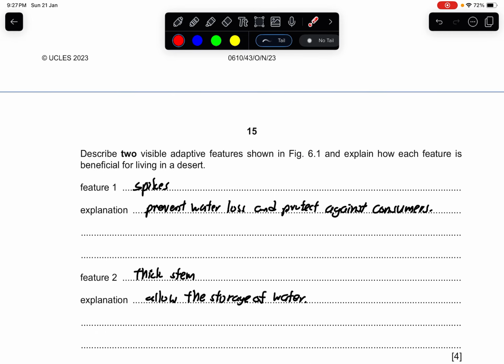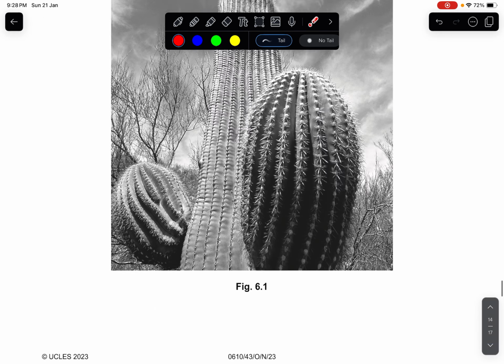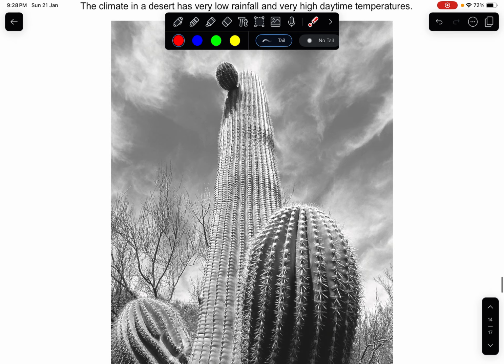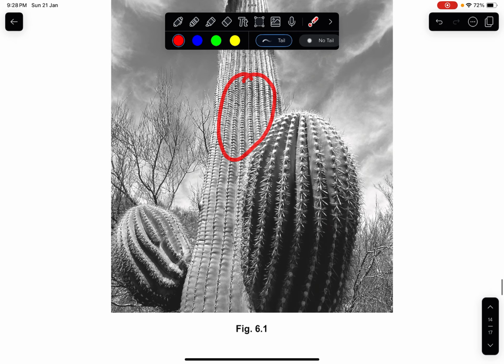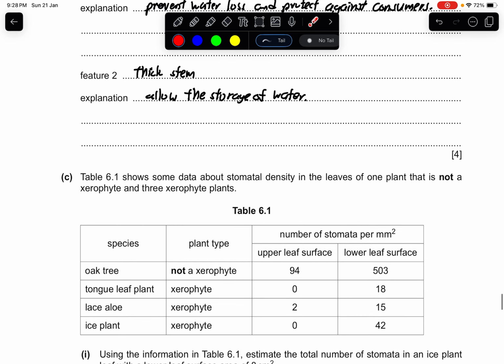Feature 1 is the spikes or thorns, which help to prevent water loss and protect against consumers like herbivores, typically herbivores and omnivores. Feature 2 is its thick stem, located here, which is very important for the storage of water.